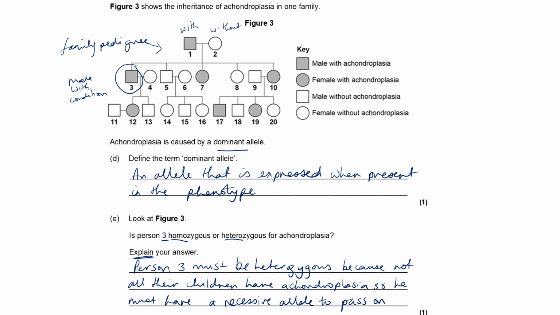And they don't. Some of their children are unaffected. So therefore, person 3 must be heterozygous, because not all their children have achondroplasia. So he must have a recessive allele to pass on to his offspring in order for that to happen. And as you can see, I've got those right.